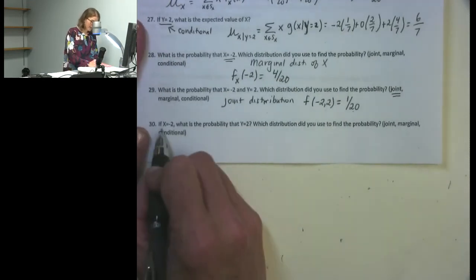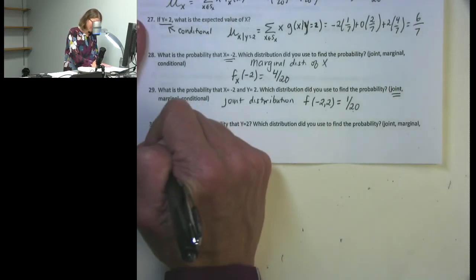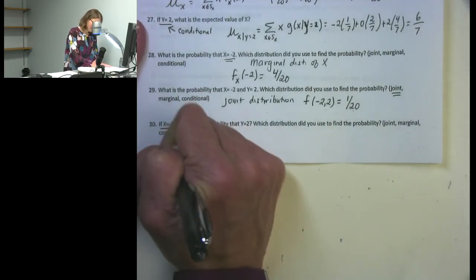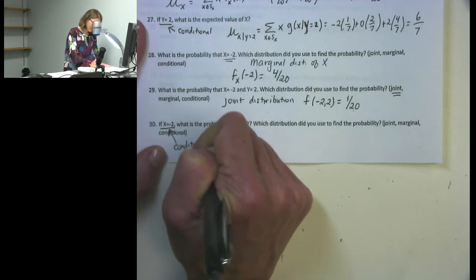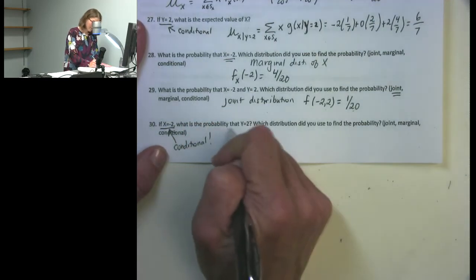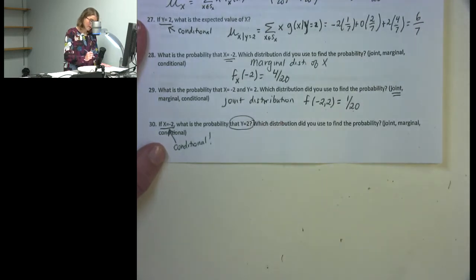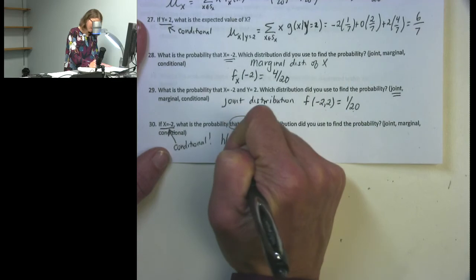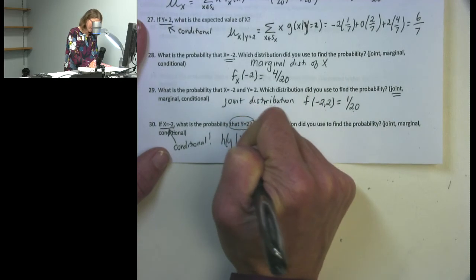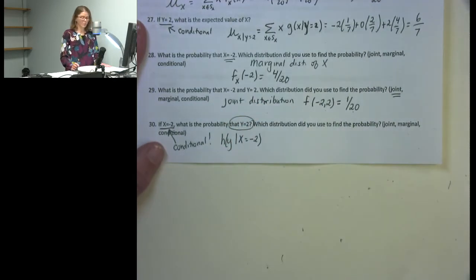And then finally, if x equals negative 2. So when I have an if statement, I know this is conditional. And I'm interested in probabilities associated with y. So what I'm interested in is h of y given that x is equal to negative 2. That's the distribution I'm going to use.